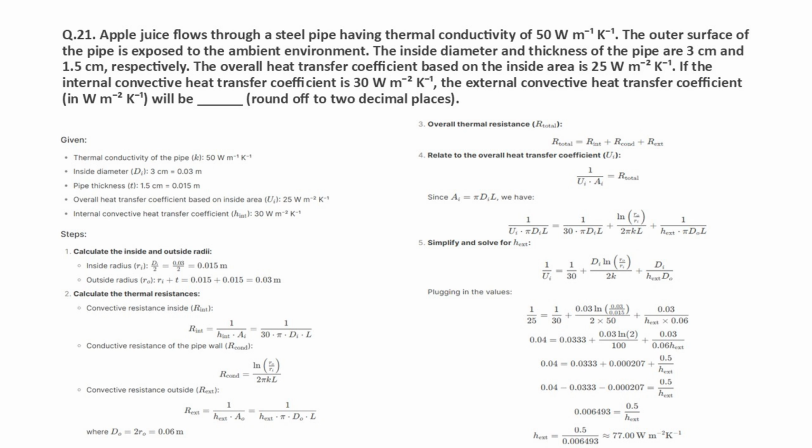Then the conduction resistance is calculated using the logarithmic ratio of diameters and cylindrical surface area pi D L. And the external convection resistance is also calculated. After substituting and solving step by step, we obtain ho equals 75.82 W/m² K. Thus, the external convective heat transfer coefficient is 75.82 W/m² K.